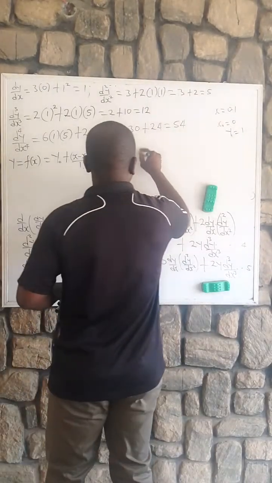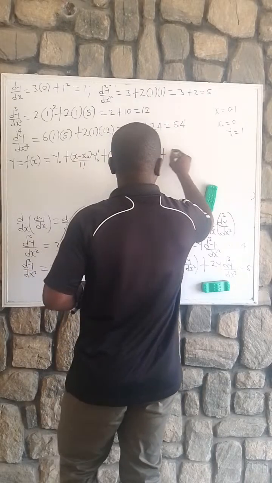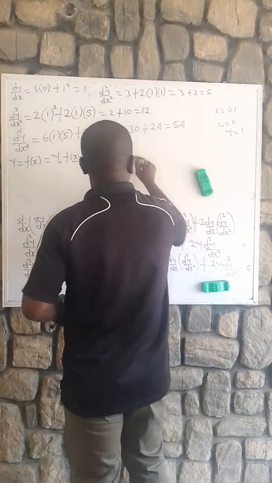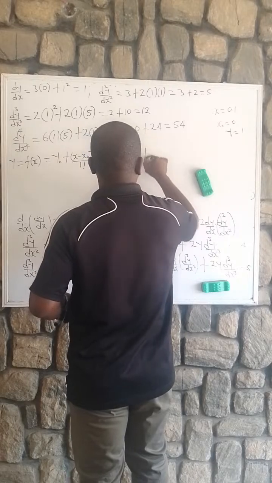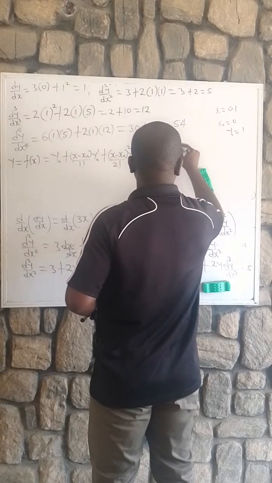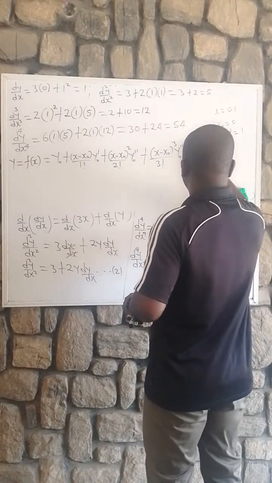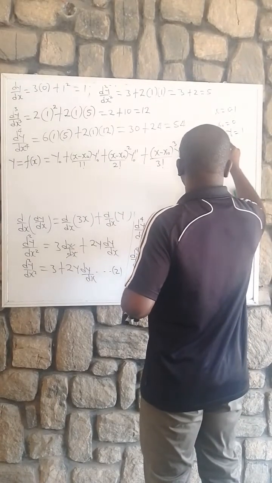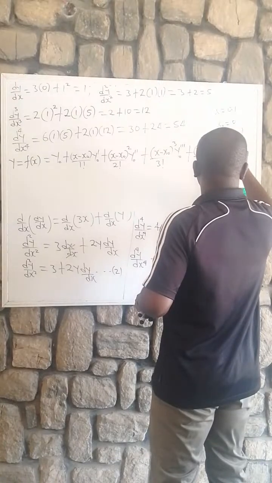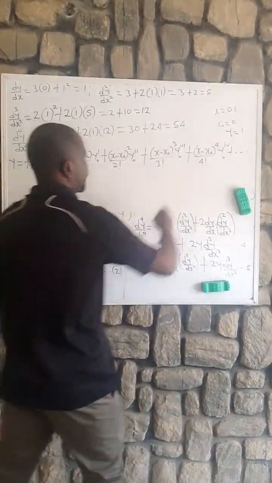Then plus x minus x naught raised to the power 3 over 3 factorial times y triple prime naught, then plus x minus x naught raised to the power 4 over 4 factorial times y fourth derivative naught, plus it continues. Okay, so this is where we stopped, look at it.